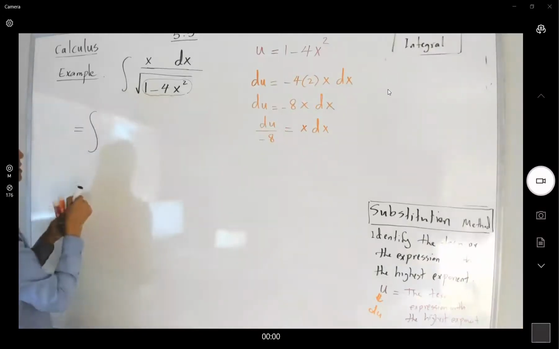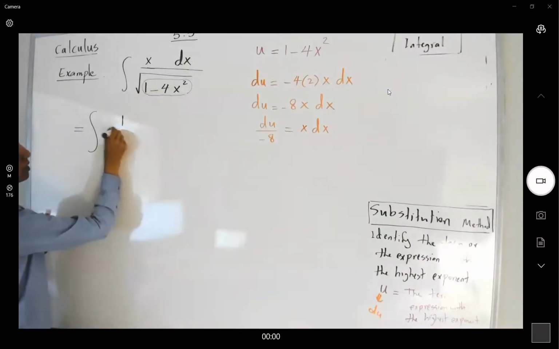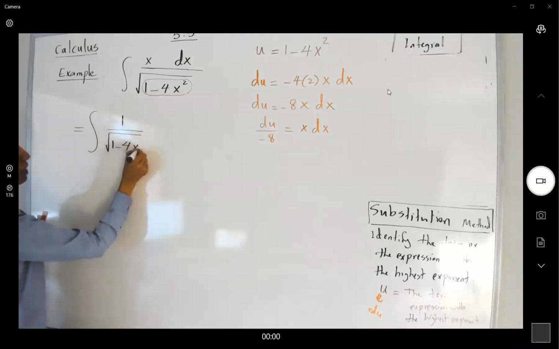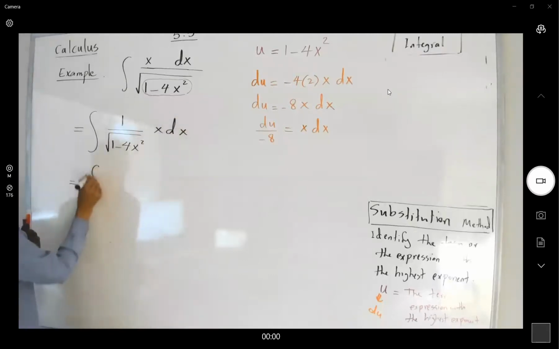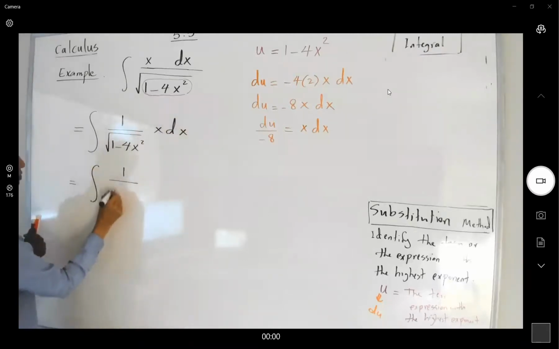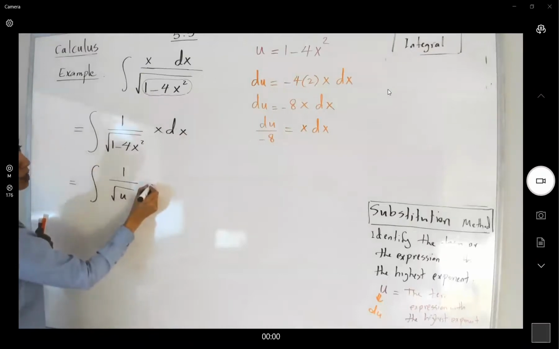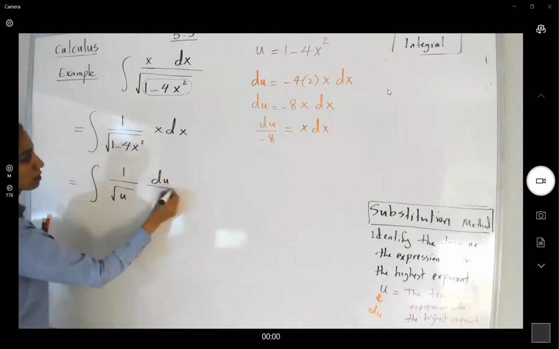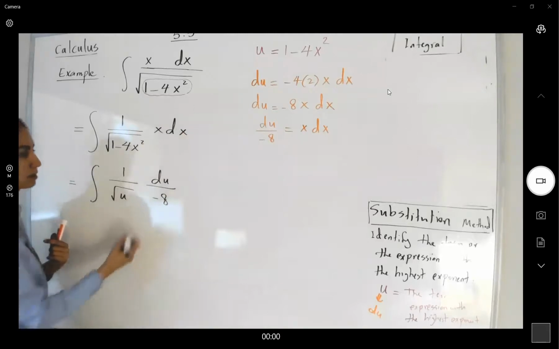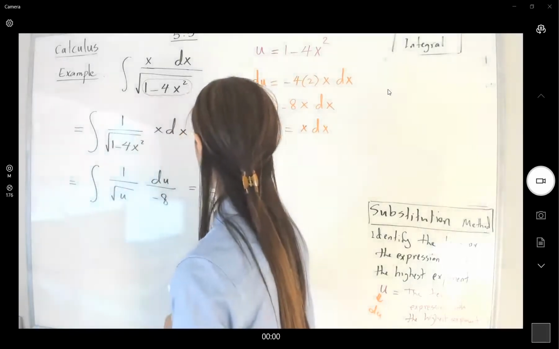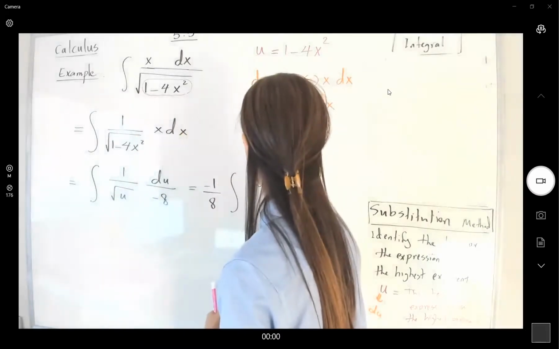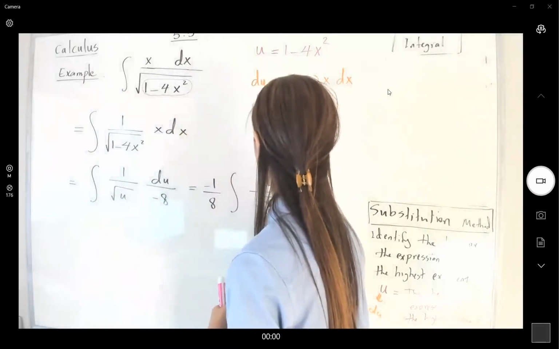So you can write this as the integral of 1 over square root of u, and here you have du divided by -8. So this is -1/8 the integral of du divided by square root of u.